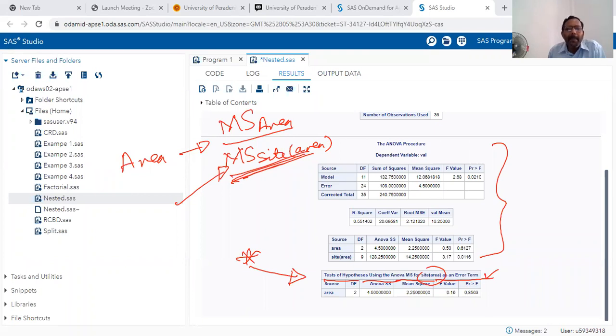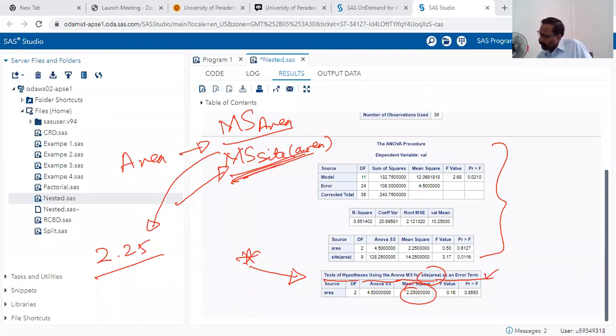In this case, no problem because the values are very small. The mean square of area is 2.25. What is the mean square of site within the area? This one, right? 14.25. So what is the answer of this?